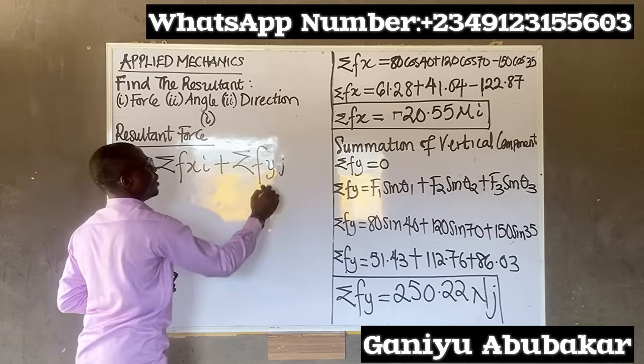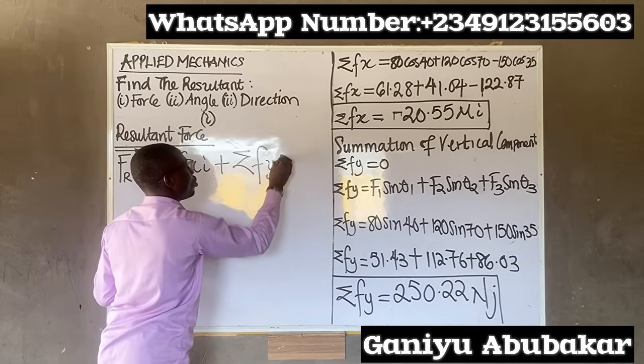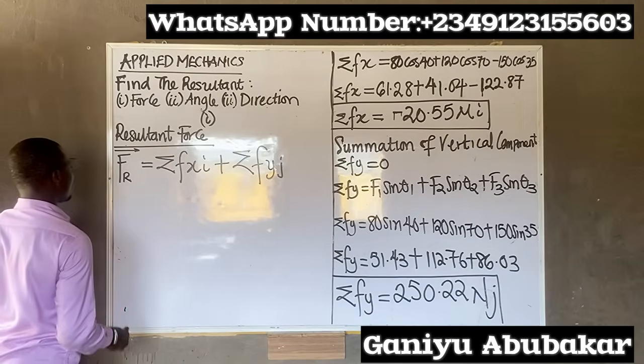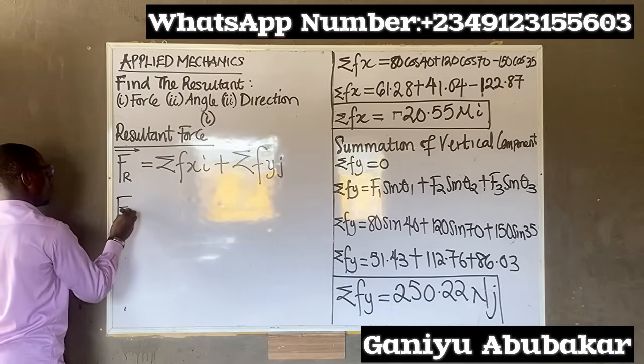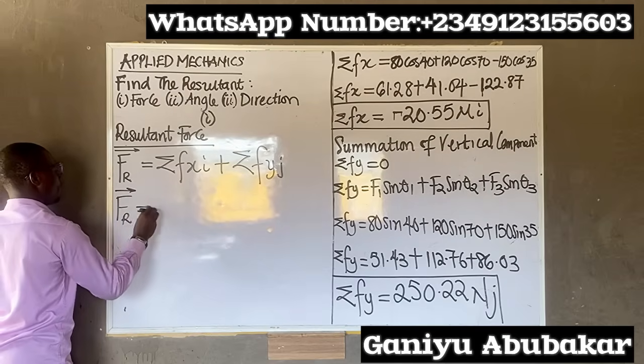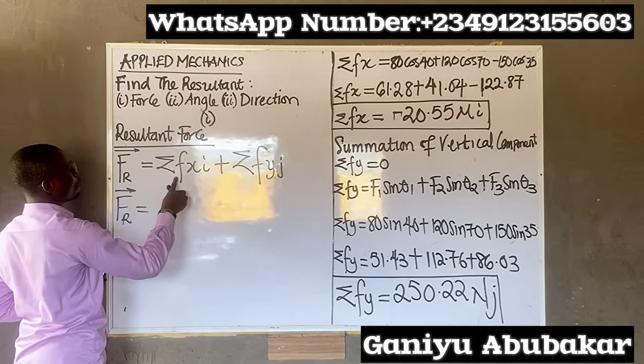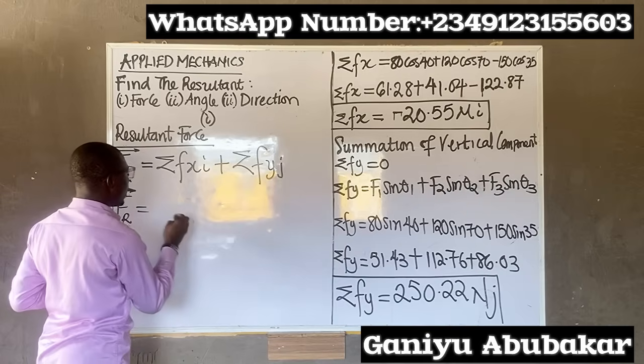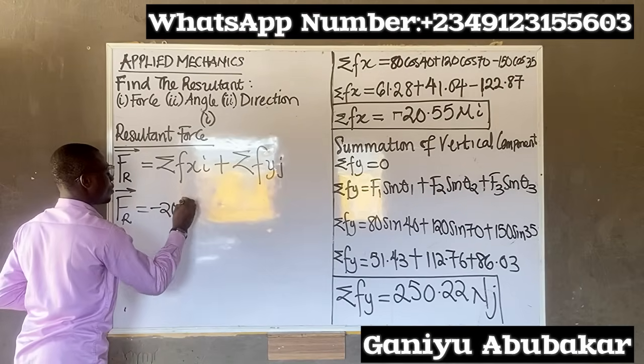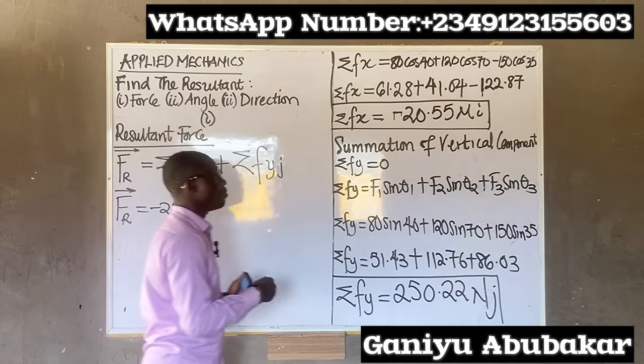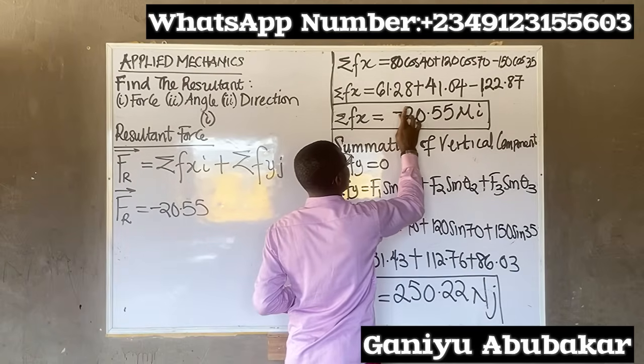I've given you this formula in our last classes, so check our video. This gives you resultant force in vector form, summation of f of x, that's negative 20.55. This is negative, please.